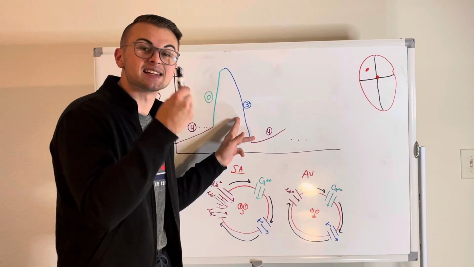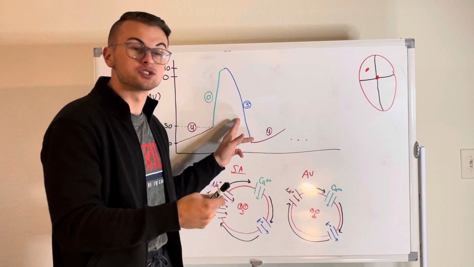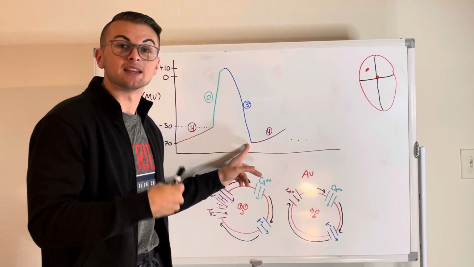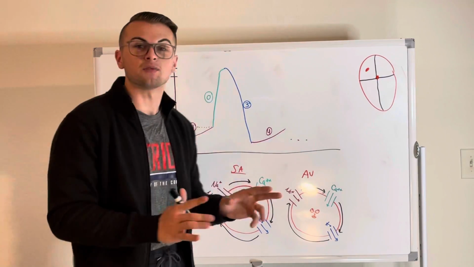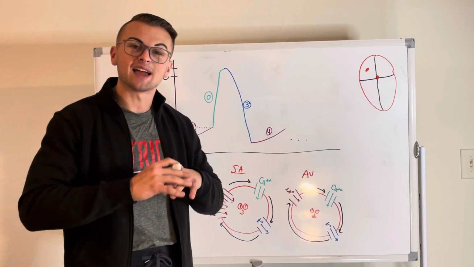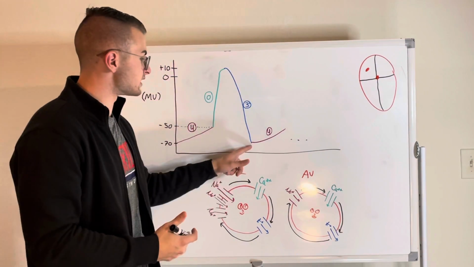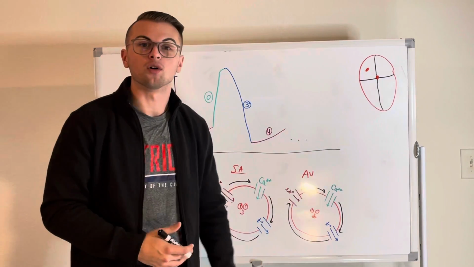This is the exact mechanism that returns our SA node and AV node back to their original state. Yes, you guessed it, these funny sodium channels are not going to waste any time. They're going to allow sodium to leak in, and we can see that the process starts all over again.